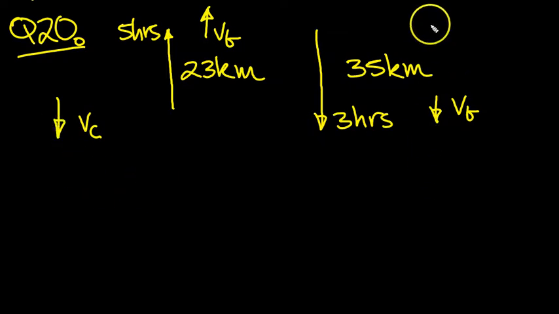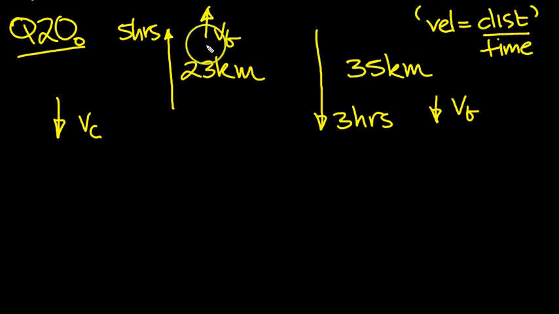So we need to use velocity as distance over time. I'll put that up here as a little formula that we need to use. So here we've got velocities, haven't we? Velocity is distance over time, so time is equal to distance over velocity.